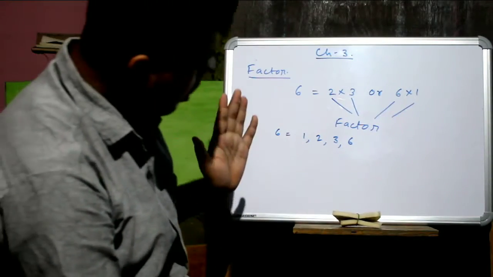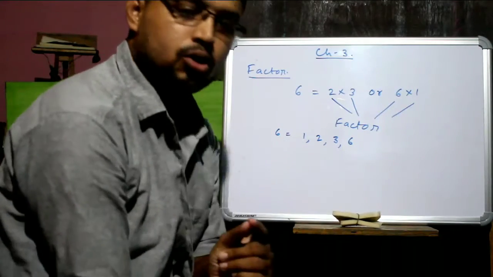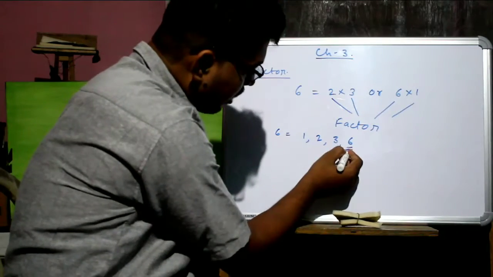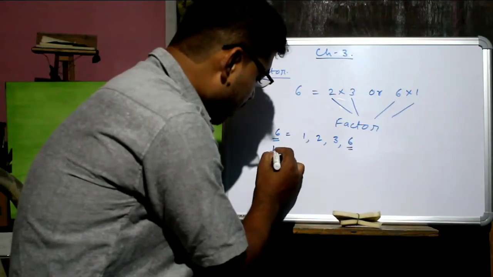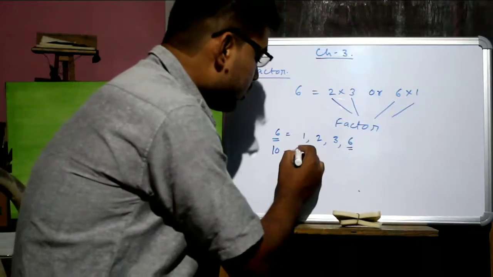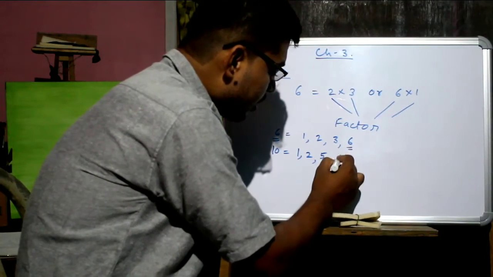Now see, every number has itself as a factor. 6 is a factor of 6, and for 10 the factors are 1, 2, 5 and 10.